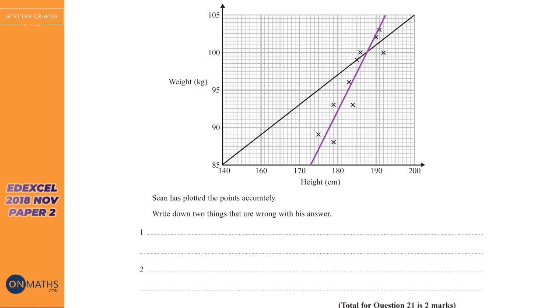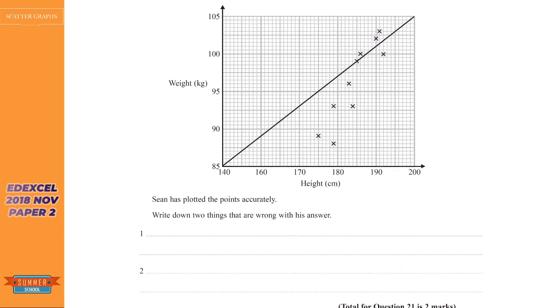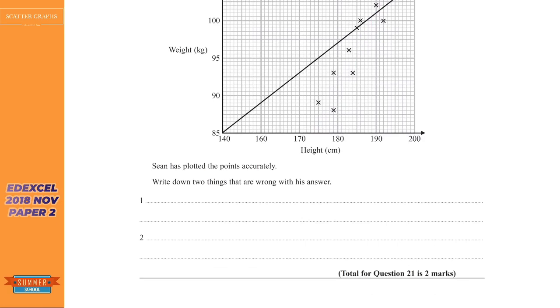Now, we can probably ask ourselves, well, why was Sean obsessed with this line of best fit? Why was it so wrong? Well, he's probably remembered at some point someone telling him that all graphs need to go through the origin, so down at this point, even though this isn't the origin, and he's just assumed that he's got to do it like that. So the first comment will be something with the line of best fit.